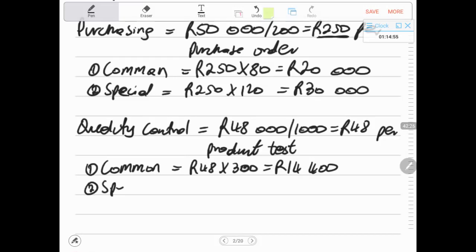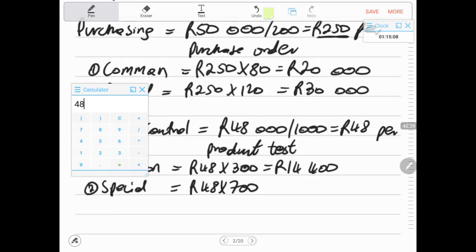Then we go to Product Special. Product Special is 48 times 700, and 48 multiplied by 700 is 33,600.